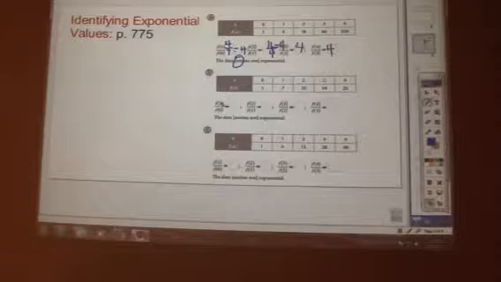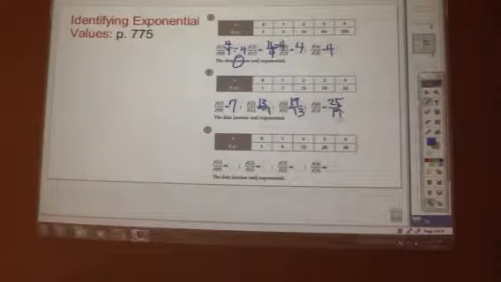Okay, on this one, what is f of 1 divided by f of 0? 7 divided by 1 is 7. F of 2, 13 divided by 7 is 13 sevenths, which is 1 and 6 sevenths. What about 19 divided by 13? And 25 divided by 19.